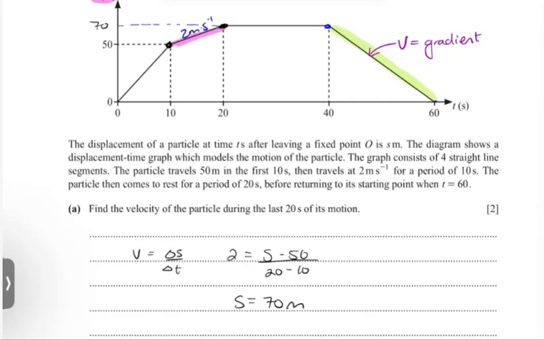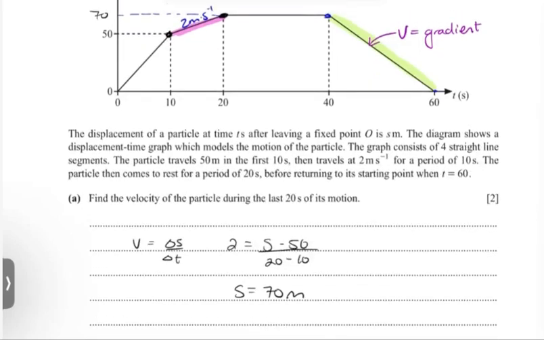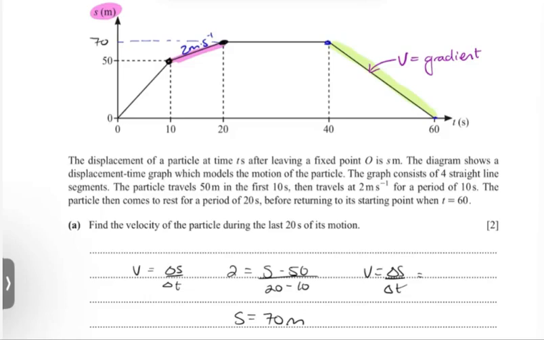Okay, and then I can do a similar thing for my last slope. My gradient is my change in displacement over change in time. And in this case, it's going to be 70 over a change in time of 20.